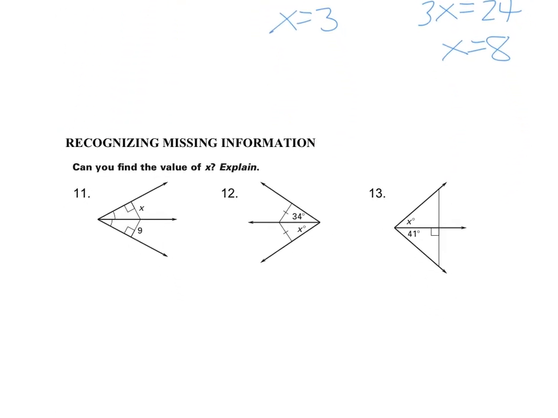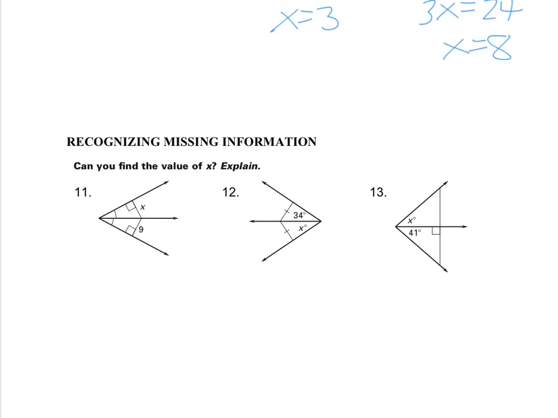And the last thing, can you find the value of x? So it's still some reasoning going on here. We have perpendicular segments, we have an angle bisected, so yes, x equals 9. In number 12, this would be no, because we need perpendicular.